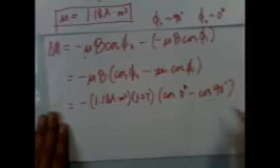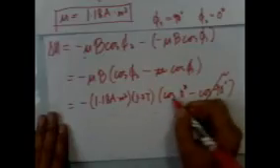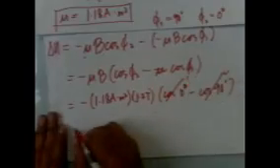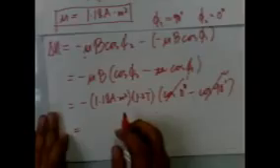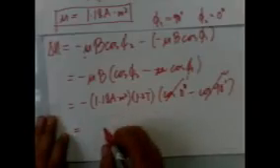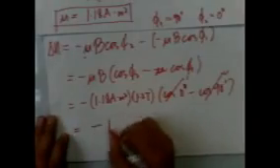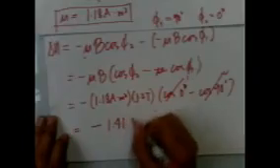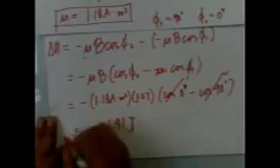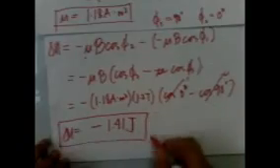Cosine of 90 degrees is equal to 0, and cosine of 0 degrees is equal to 1. So our change in potential energy is equal to negative 1.41 joule. So that is our change in potential energy.